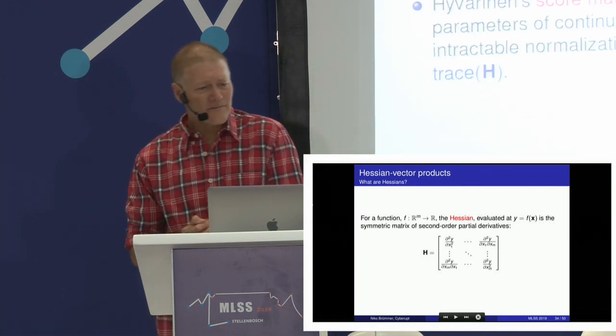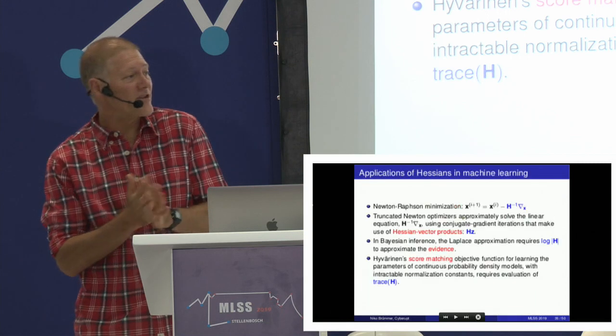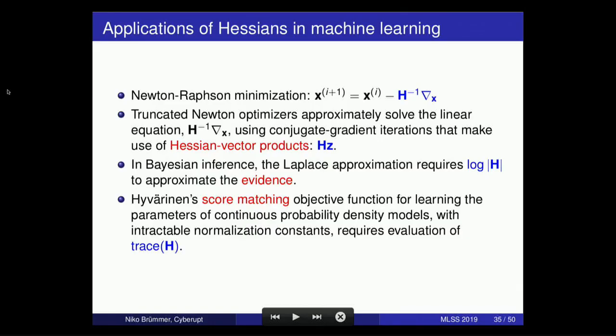So, some applications in machine learning and probability calculations for Hessians. Newton-Raphson, or sometimes just Newton optimization: you would multiply the inverse Hessian with the gradient, and that's a really good direction in which to minimize.